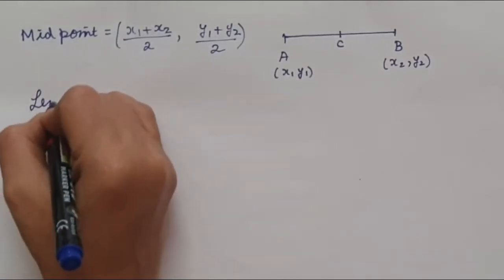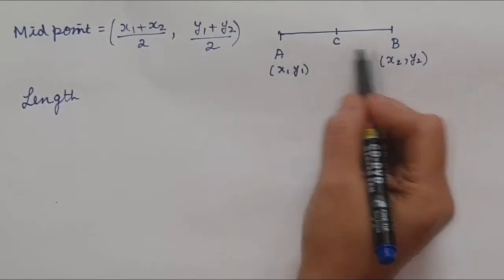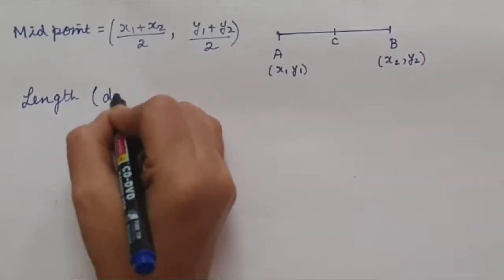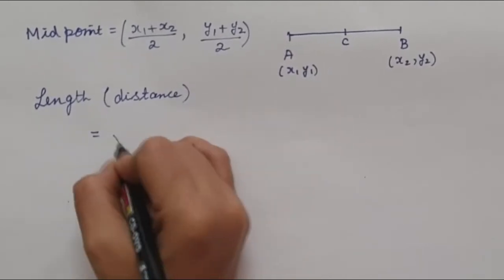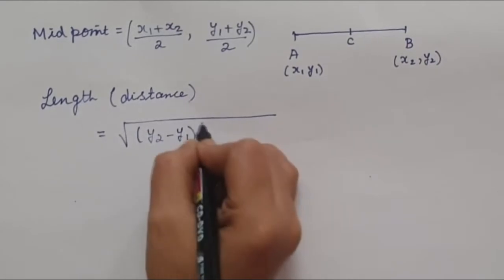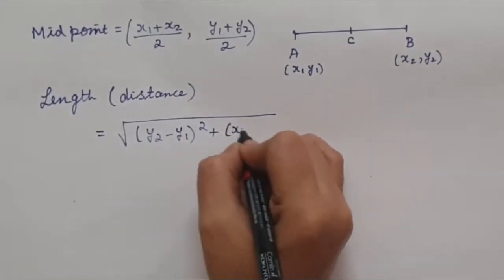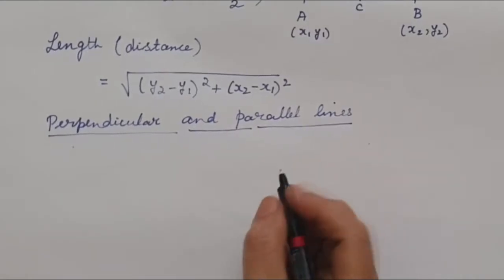Then the length of this line AB, or we can also call it the distance formula. Distance will be equal to the square root of y2 minus y1 the whole square plus x2 minus x1 the whole square. Perpendicular and parallel lines.